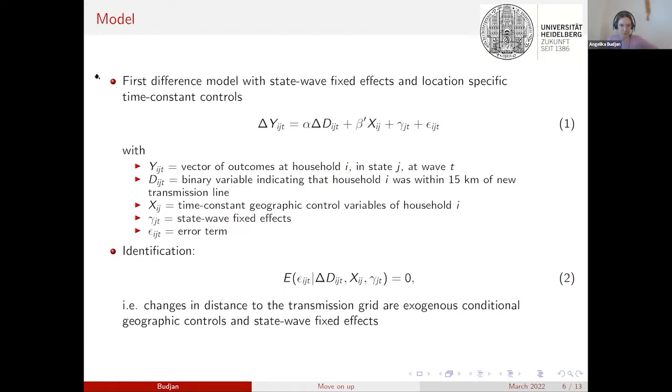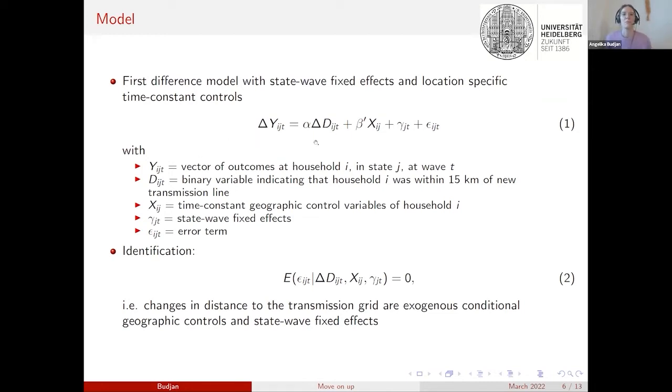So the model is a first difference model with state wave fixed effects and location specific time constant control variables. And the main regressor is a binary variable that indicates whether or not a household was located within 15 kilometers of a new transmission line.